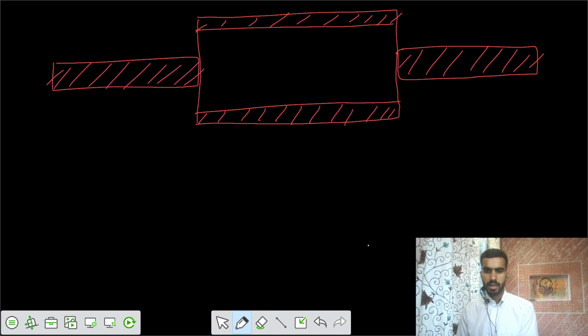The dimensions are d outer equals 120 and d inner equals 90. That means the thickness is equal to 15 millimeter. We don't know the value of d here, and the same value of d is also here.